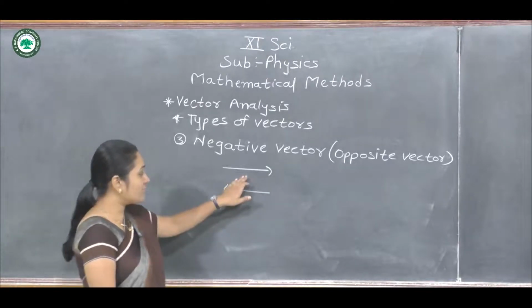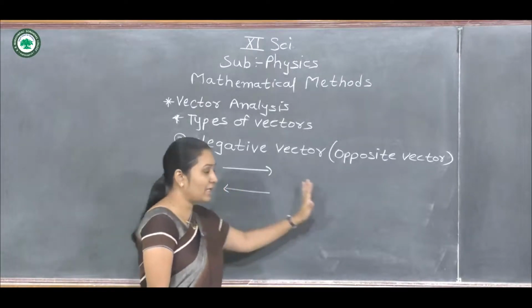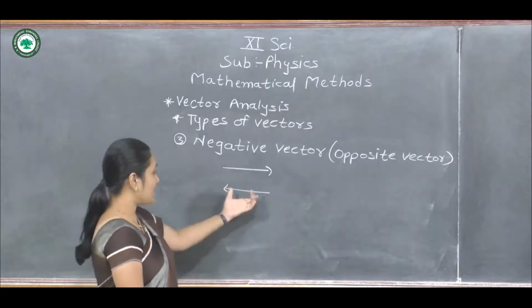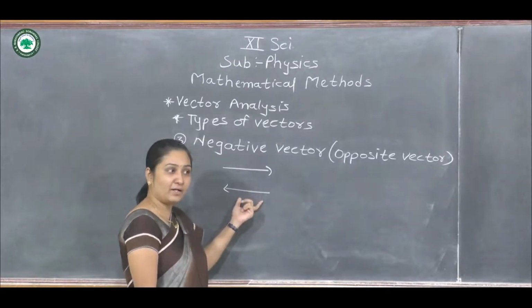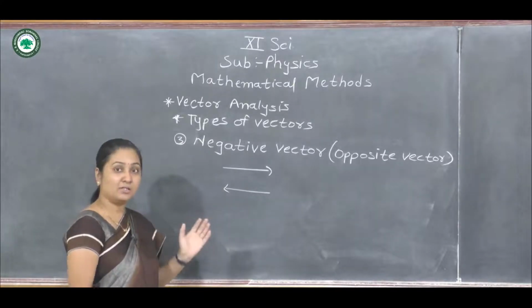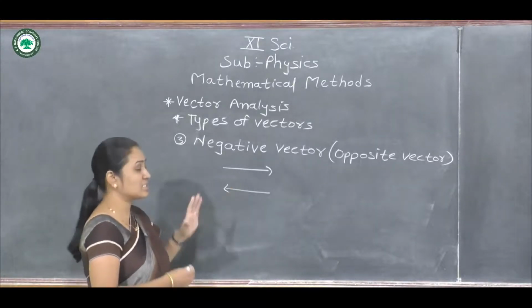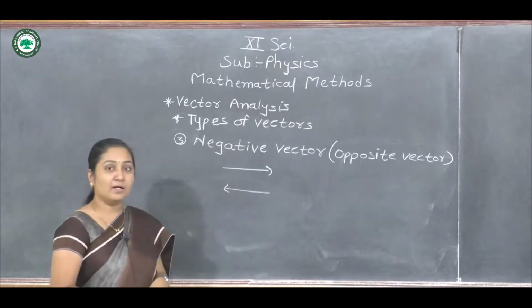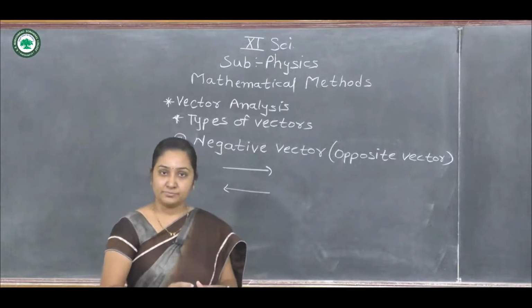Means if the first vector is moving in the positive direction, then we can say the second vector is moving in the negative direction, opposite to the first vector. So this is nothing but the negative vector.